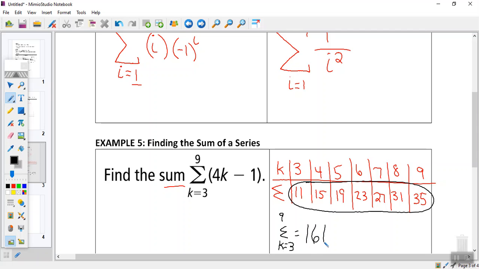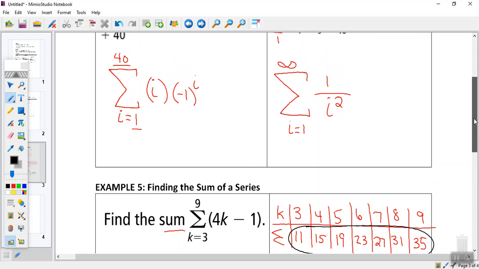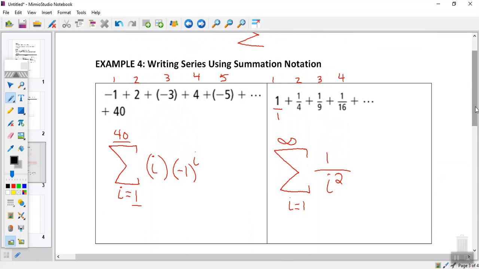Okay. So when you see it like that, does it kind of help you go back into this and help you understand why we wrote this the way we did? Like my first term, 1 over 1 squared would be what? Would be 1. 1 over 2 squared would be 1/4, right? 1 over 3 squared would be 1 over 9, right? 1 over 4 squared would be what?